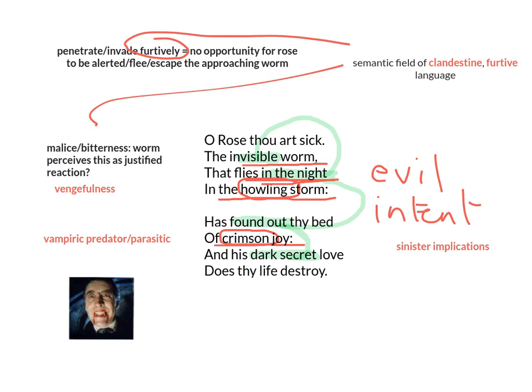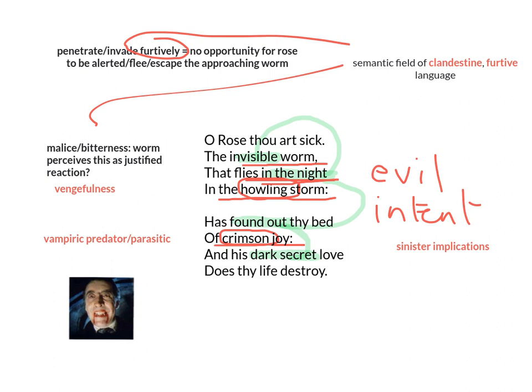So this invisible worm that has been wronged by not having affections returned is some kind of predator, a destructive parasitic predator. If you know the novel Dracula, you'll know that when he appears in the narrative, he's often heralded or introduced or foreshadowed by weather.